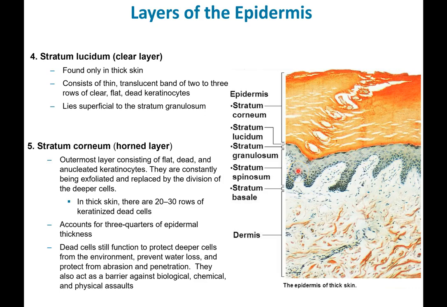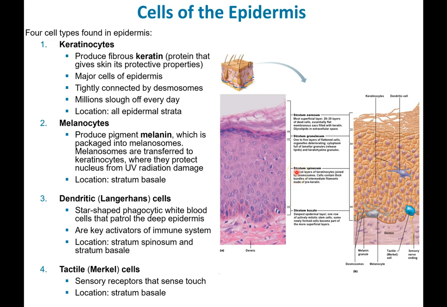And these cells behave as a biological, chemical, and physical barrier. Now, there are 4 cell types found in the epidermis: keratinocytes, melanocytes, dendritic or Langerhans cells, and tactile or Merkel cells.